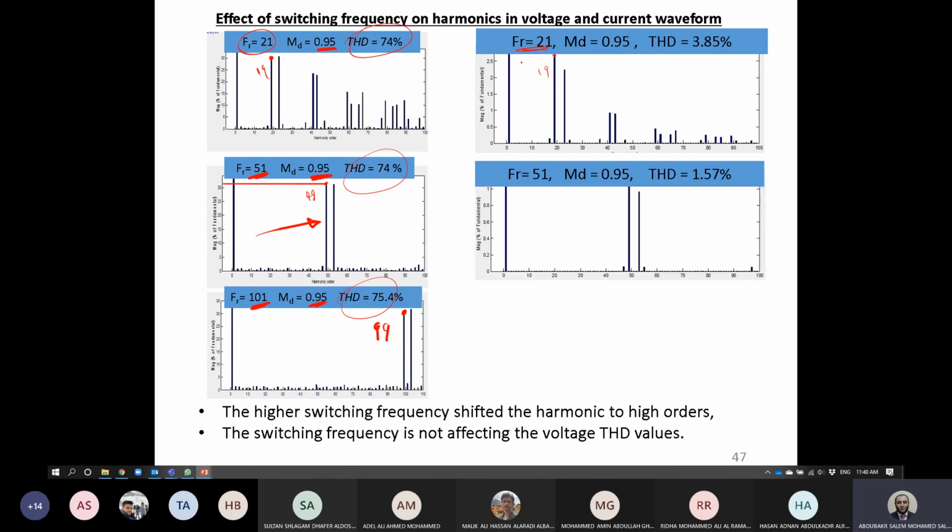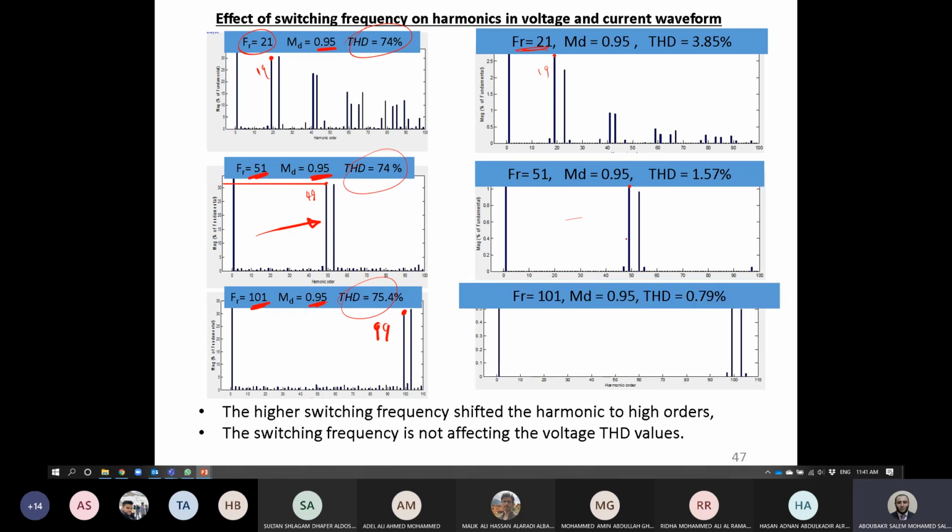But when we shift the harmonic orders to higher frequency, you will find that here you have empty space, no harmonic orders, and the first one is appearing around 1 point something at order number 49. Increasing the frequency more will shift the harmonics more.